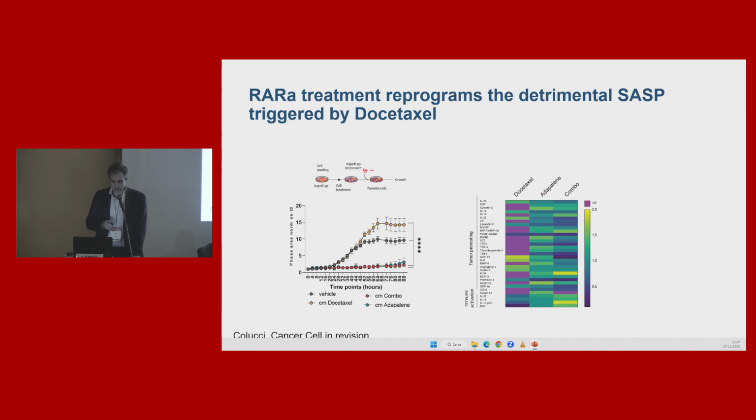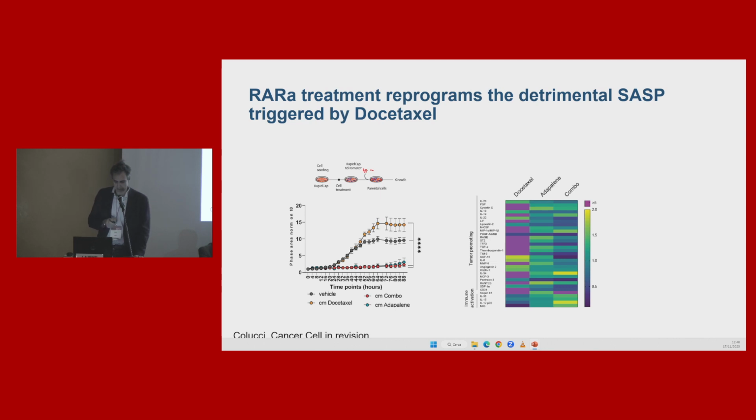However, what is very interesting to notice is that the presence of these RAR agonists in combination, for instance, with docetaxel, which in our context even drives tumor progression, is able to tilt this tumor-promoting function of docetaxel into a tumor-suppressive function. Why? Because this essentially reprograms the secretory phenotype, the SASP, of docetaxel-induced senescent cells.